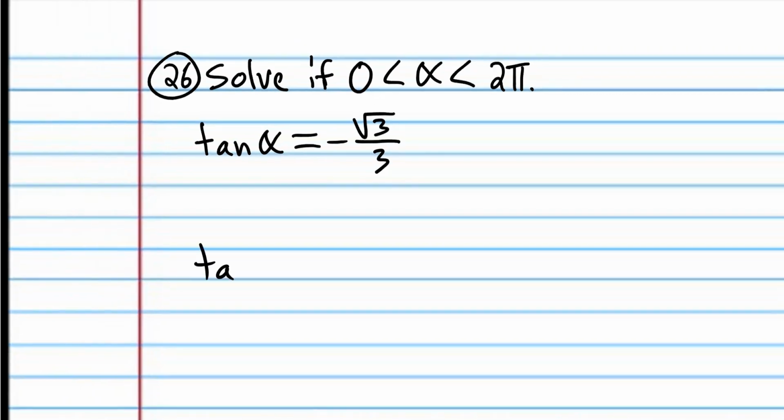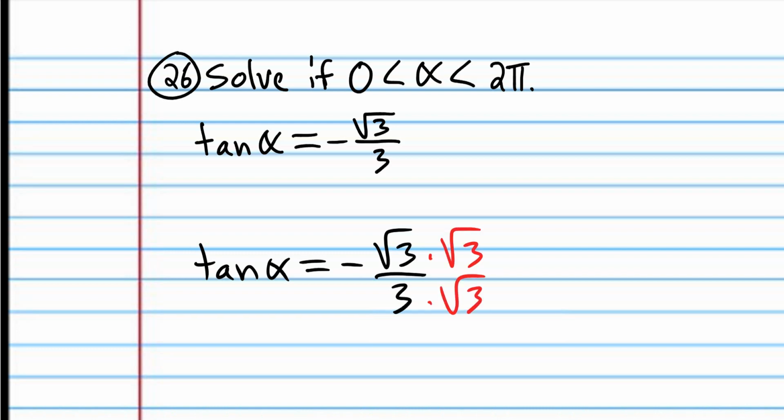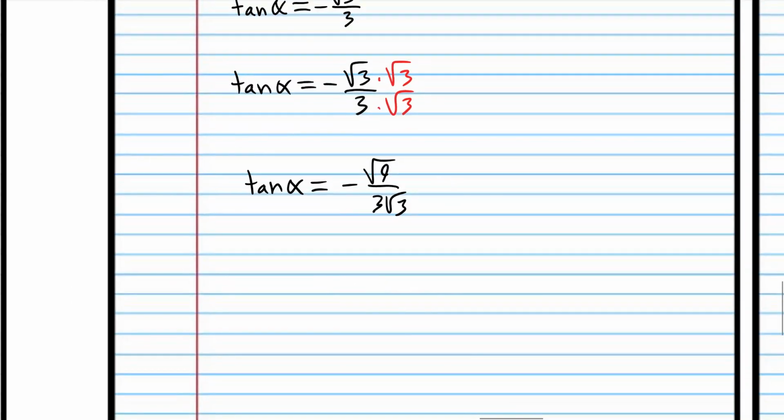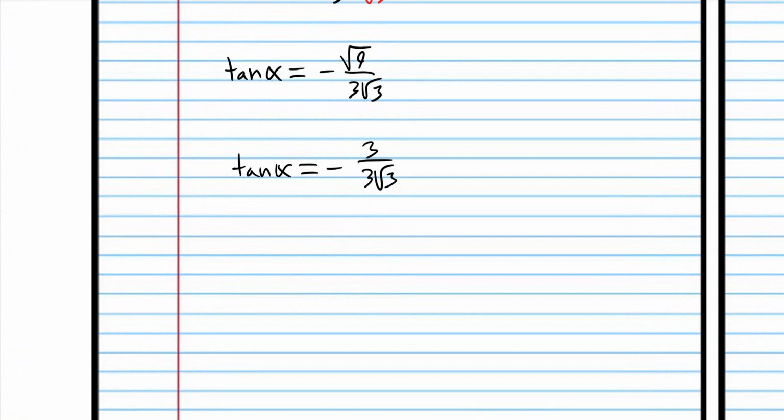So we don't recognize that ratio, but if we multiply both sides by root 3, and by the way, if you can do this math quickly, you don't have to show every step, we get root 9 over 3 root 3. And that becomes 3 over 3 root 3, and I think you get the point.